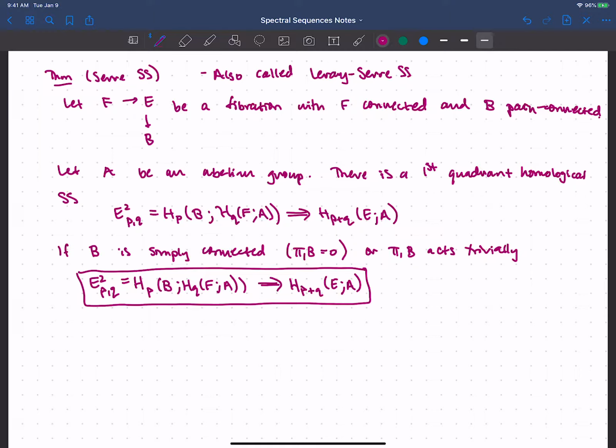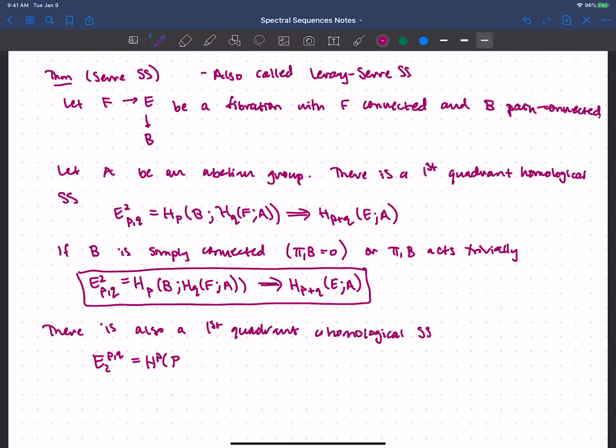Okay, there's not just a homology spectral sequence. I think we've even already talked about that. So there's also a cohomology version, and I'll just write that down. So we also have a first quadrant cohomological spectral sequence, and that's going to look like the same thing, only cohomology everywhere.